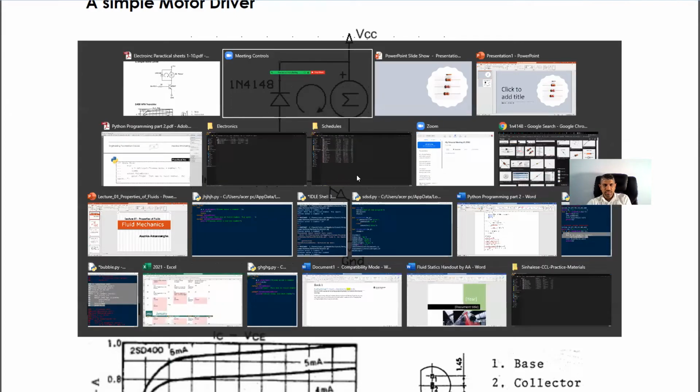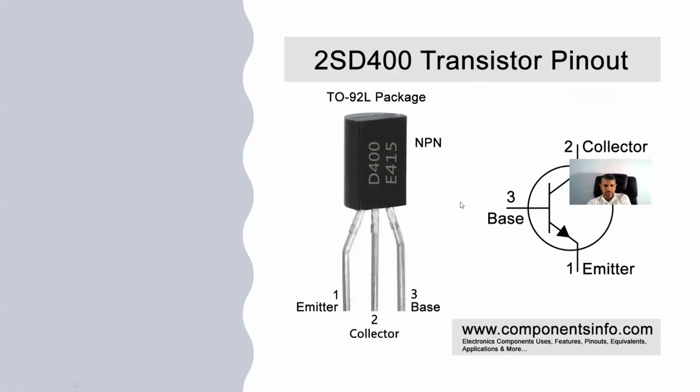This is the pin configuration. It is also an NPN transistor, suitable for high currents. When you look at the transistor from the flat side, the leftmost element is the emitter, the middle one is the collector, then the base, right? Emitter, collector, base.